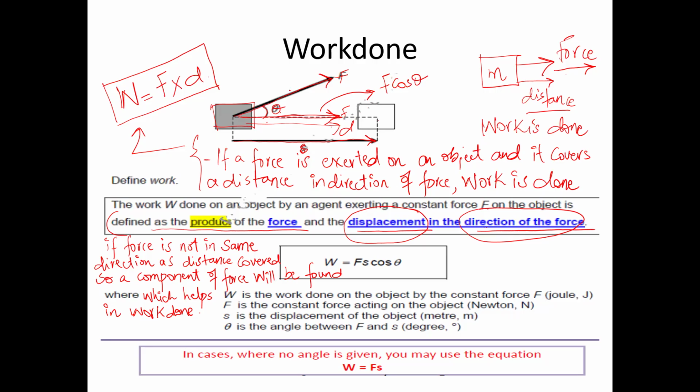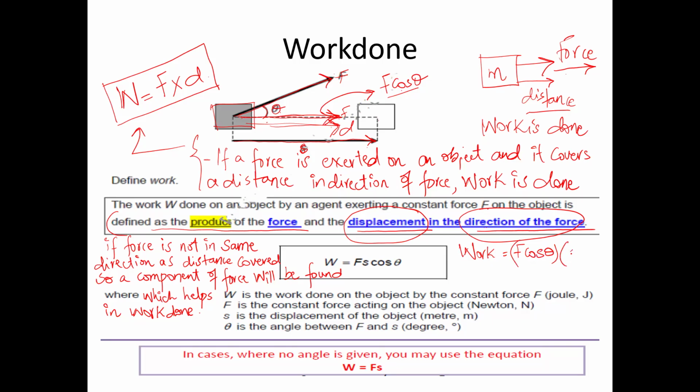तो जब भी एक फोर्स एक्ट कर रही है at an angle theta, so this horizontal force F cos of theta will now be a force in the direction of the distance. तो इस केस को देखते हुए हमारे पास वर्क का फॉर्मूला क्या बन जाएगा? वर्क डन, work done is equal to F cos of theta multiplied by distance.